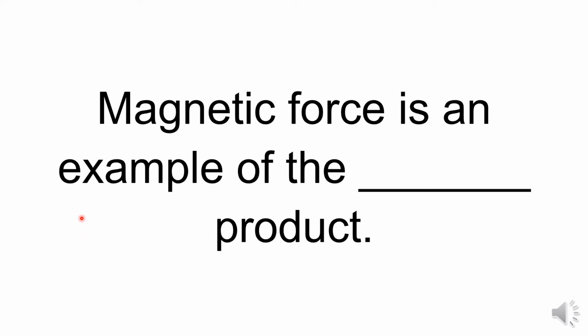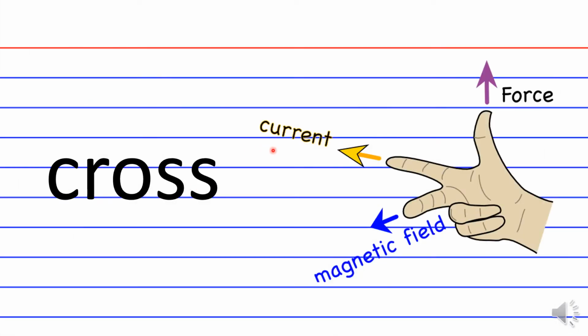Magnetic force is an example of the blank product. So magnetic force is an example of what product? That would be the cross product. So if you consider magnetic force is Q, V, so flowing current, times B, times the sine of theta, hence a cross product.